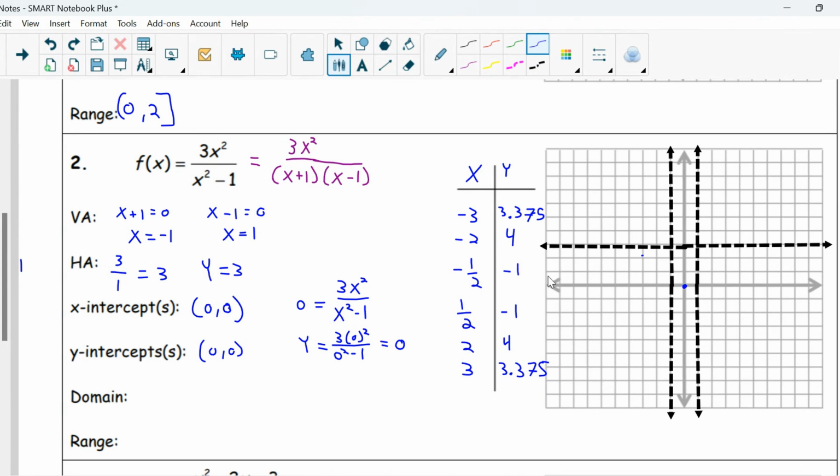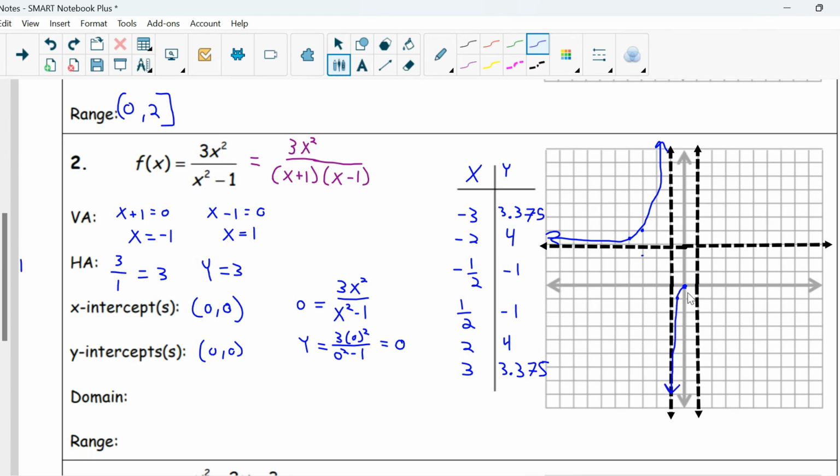So now I'm going to go ahead and plot my points. -2, -4, -3, 3.375. So that kind of concludes my left side here. In my center, -1/2, -1.